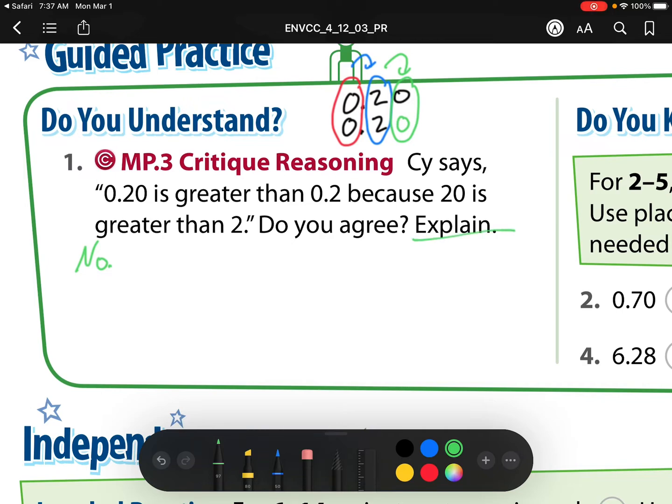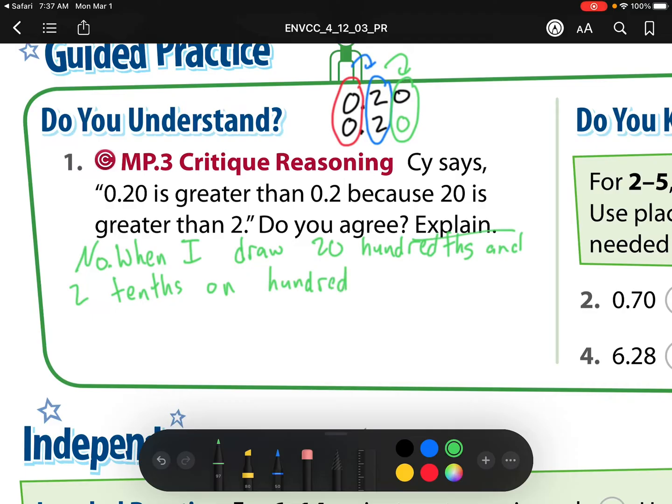So we're going to put, when I draw 20 hundredths, and this is just another way to explain it, so we'll look at it in a moment. When I draw 20 hundredths and 2 tenths on hundredths grids, what happens?